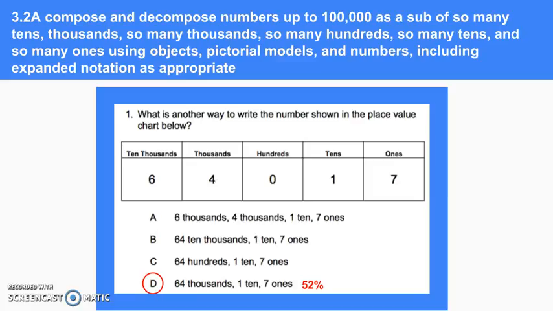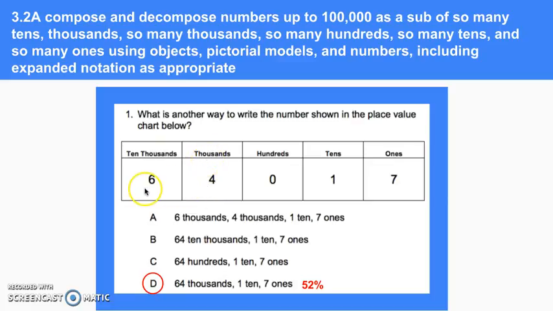Number 1 requires students to be flexible in their understanding of numbers and place value. D was the correct response, and we had 52% of our students answer correctly. It's important for students as they look at the numbers here to see that 6 represents 6 10,000s, and it also represents 60 thousands.